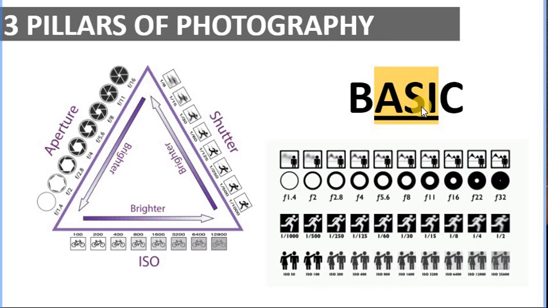So, in order for us to capture the picture that we want with bokeh effect, with full sharp, we need to understand the basic, sabi nga niya, yung ASI, the aperture, shutter speed, and the ISO. Kasi ito yung nagko-control doon sa image na gusto nating makuha.